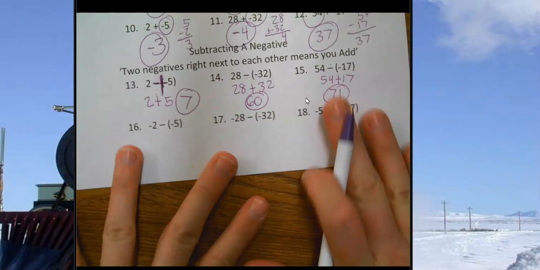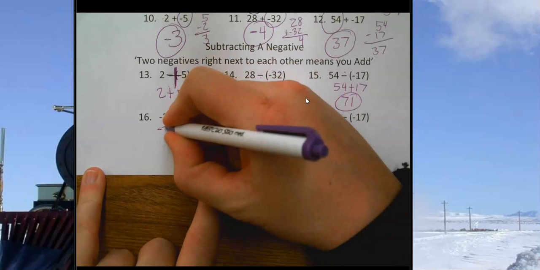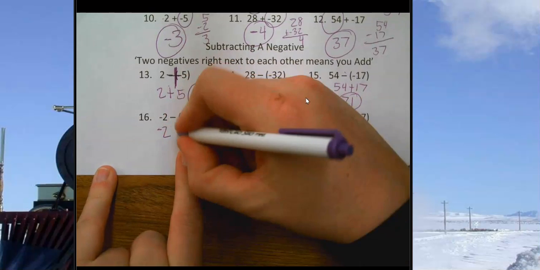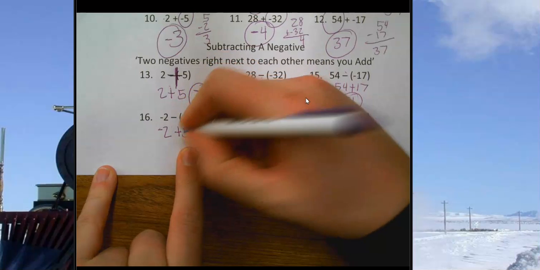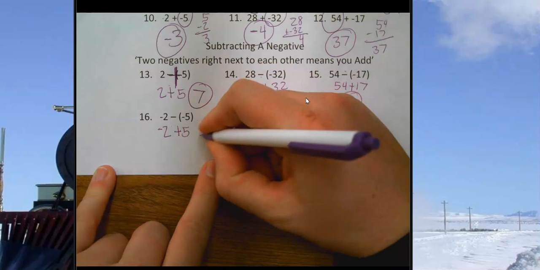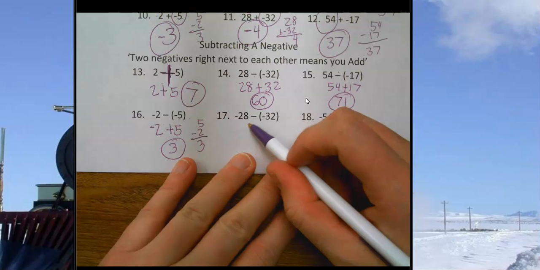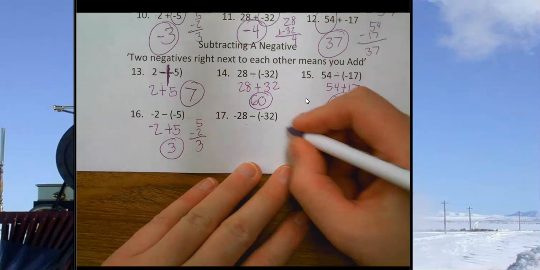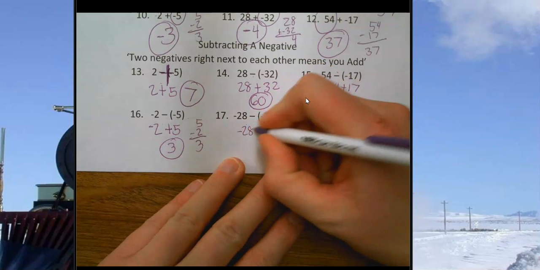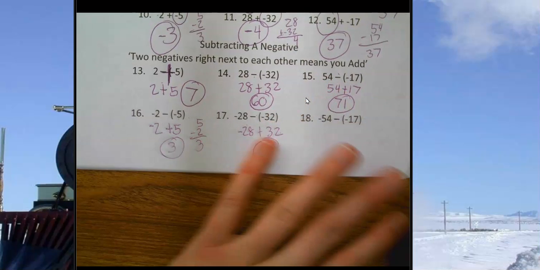Okay. Next one, negative 2 minus negative 5. This negative 2 stays. The minus becomes a plus, the negative becomes a positive. So now I have negative 2 plus 5. 5 minus 2 is 3. Negative 28 minus a negative 32. Minus a negative is a plus. 32 minus 28 is 4.